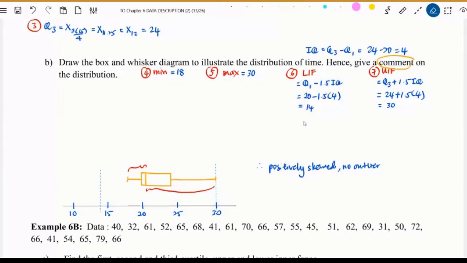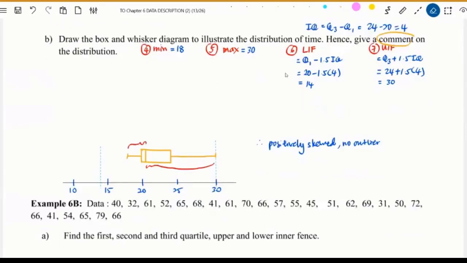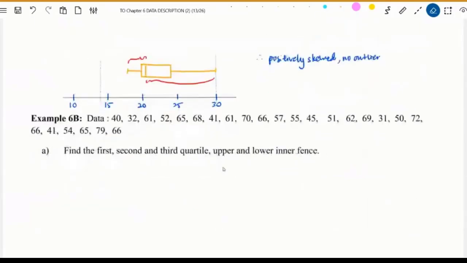Okay. All right, so 6B, where we have quite long data. So rearrange first. If you arrange, we're gonna have starting with the lowest one, which is 31, I guess, this one.